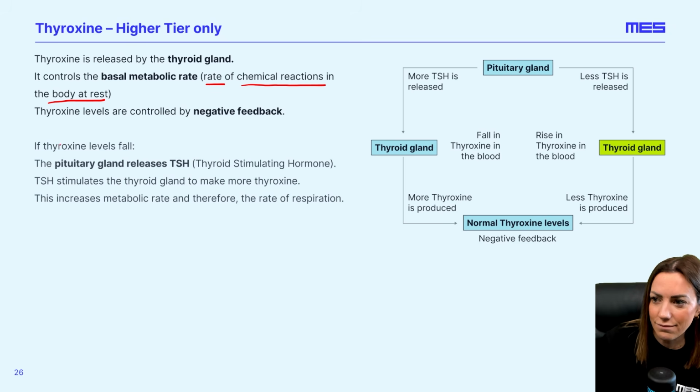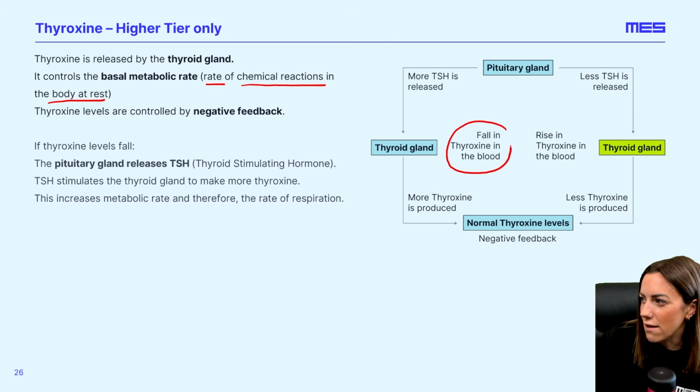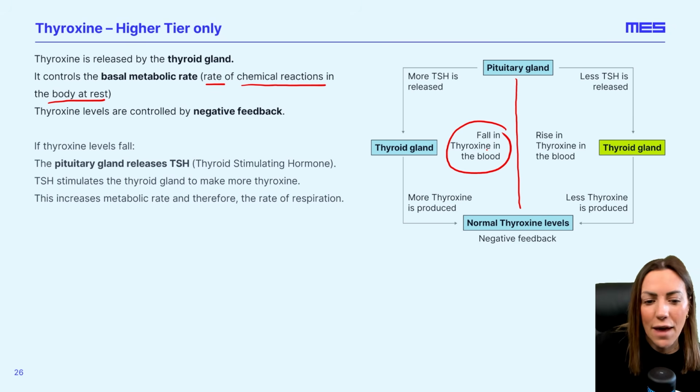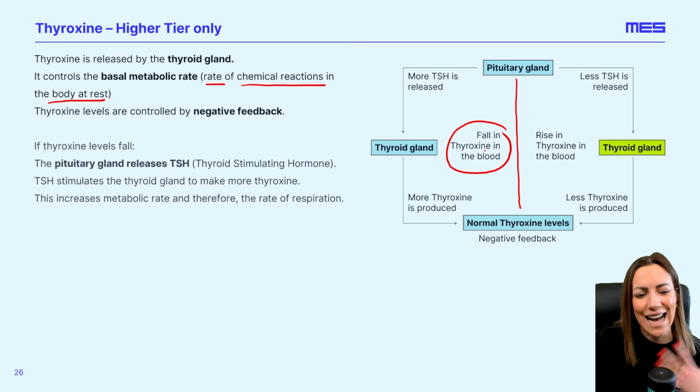So if thyroxine levels fall, where are we? Here's your thyroid gland. You've got a fall in thyroxine levels. Okay, so we're on this side. So if your thyroxine levels fall, this is acting as the stimulus, right? There's a drop in thyroxine levels in your blood.